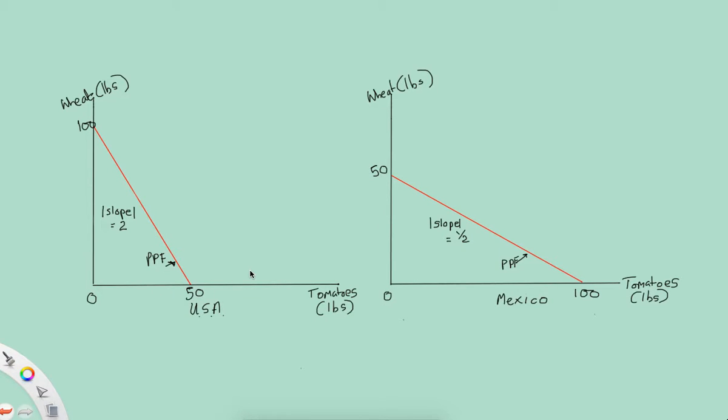Right, so last time we were talking, we figured out the opportunity cost of wheat and tomatoes in the US and Mexico.